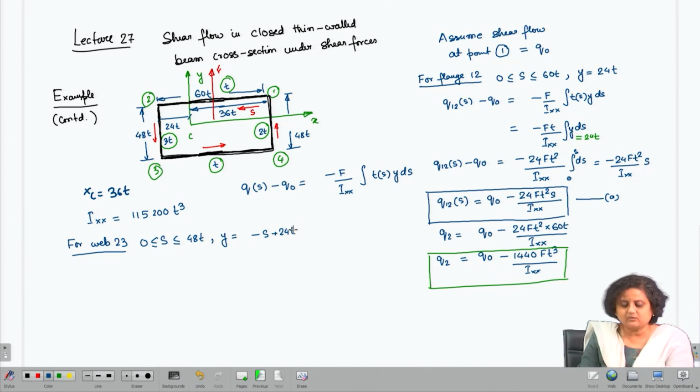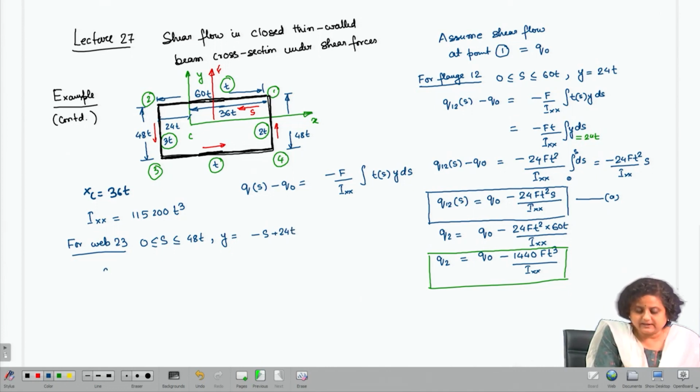When s is equal to 0, y is going to be 24t, and when s is 48t, y is going to be minus 24t. So, this seems to be correct.